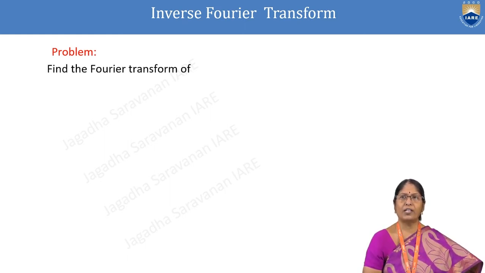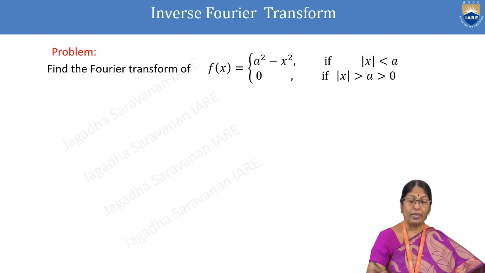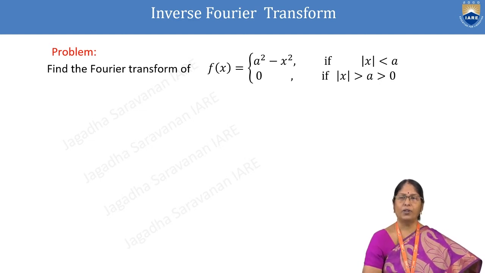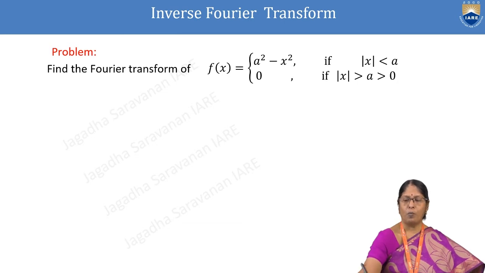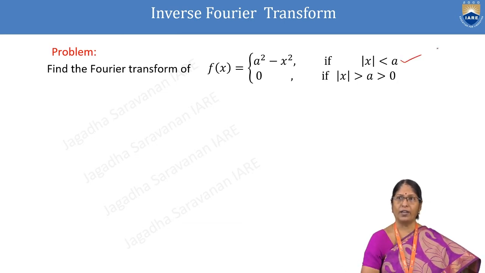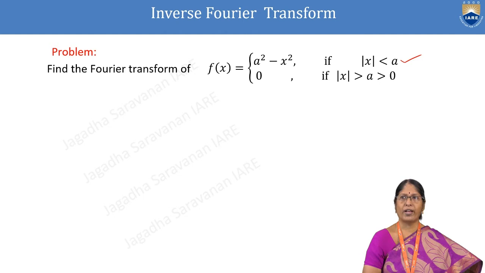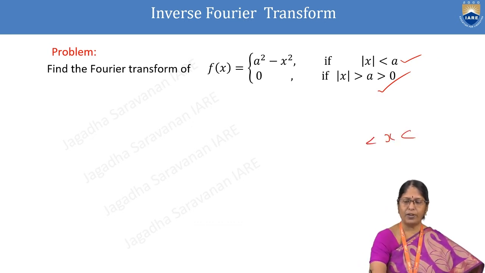Find the Fourier transform of f of x equal to a square minus x square if mod x is less than a, and 0 if mod x is greater than a, where a is positive. That is, a is greater than 0, it has been given. Mod x is less than a, that is, x lies between minus a and a.